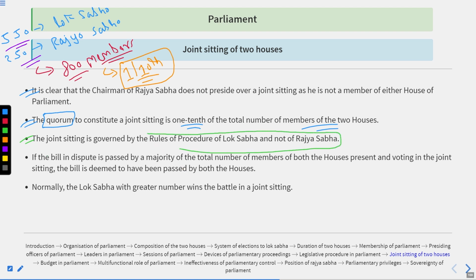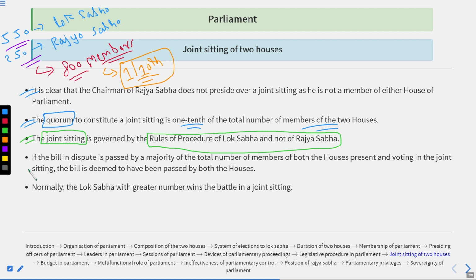Okay, we know that each house of parliament has its own rules and regulations in respect of the business of the house. So whenever the joint sitting is called, whatever the rules of procedure of Lok Sabha are, these would be the governing principles of the joint sitting. And the rules of procedure of Rajya Sabha will not govern the joint sitting.